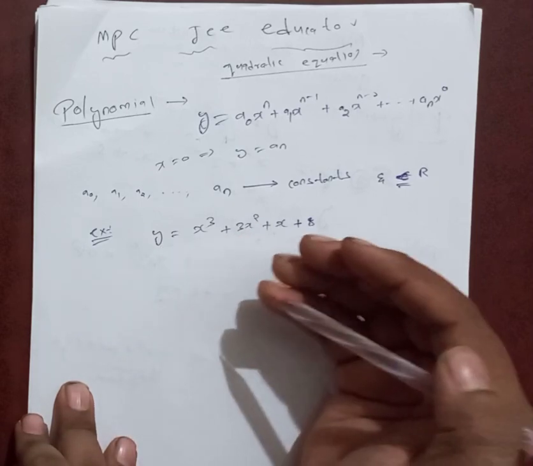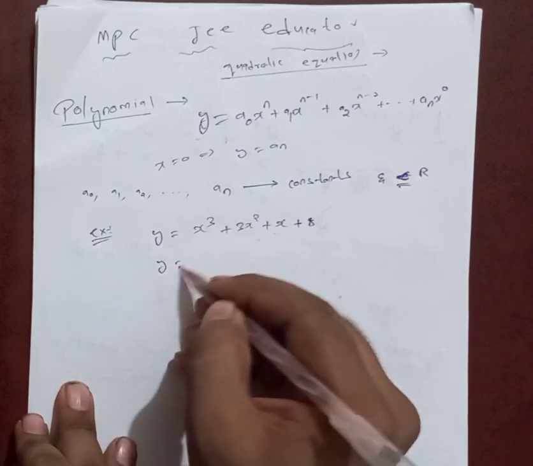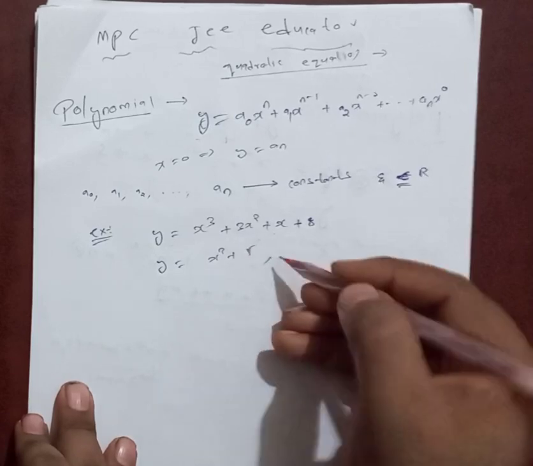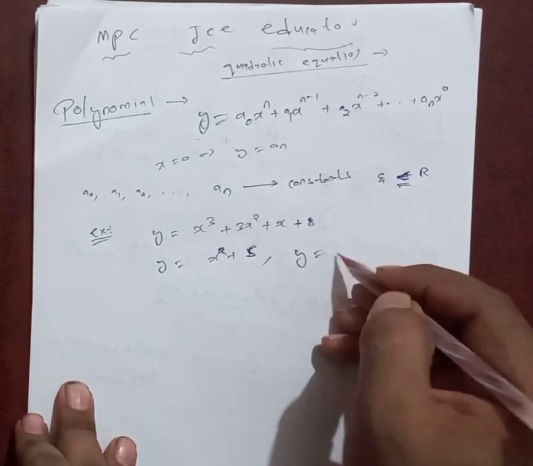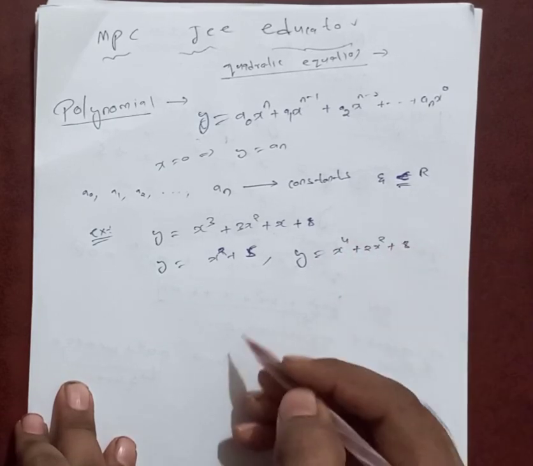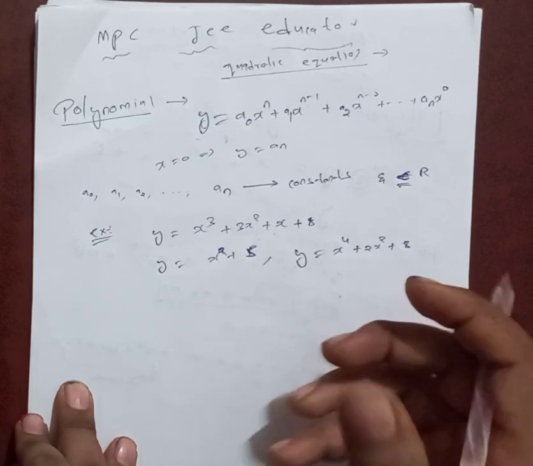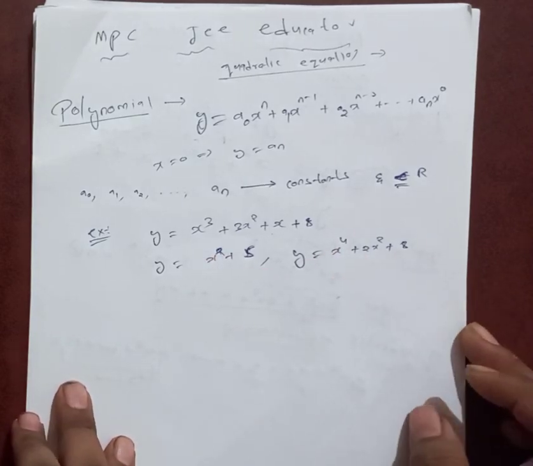Let us take an example of an equation such that some constants are 0. For example, y = x^2 + 5, y = x^4 + 2x^2 + 8. These are the examples where some constants are 0. The constants might be anything.